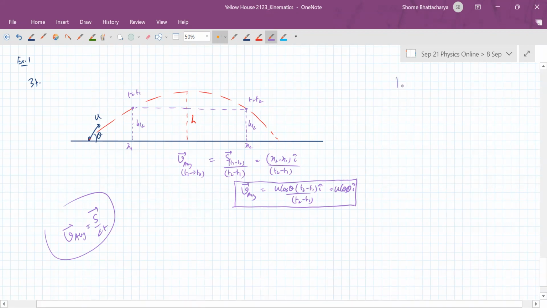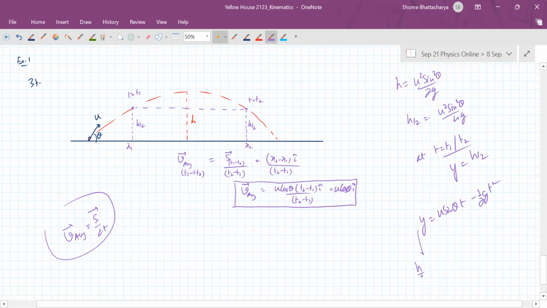H is equal to u square sine square theta by 2g, so h by 2 is u square sine square theta by 4g. At t equal to t1 or t2, your y coordinate is equal to h by 2. So y in general is u sine theta t minus half gt square. Here you have to substitute h by 2, and the roots of this equation will give you t1 and t2.